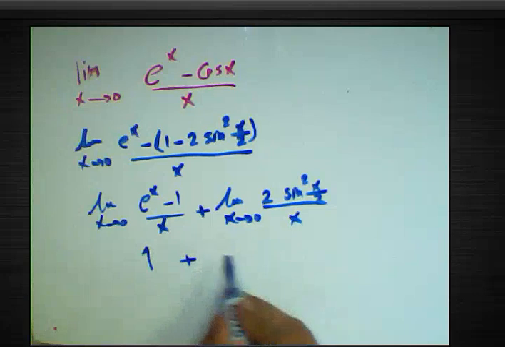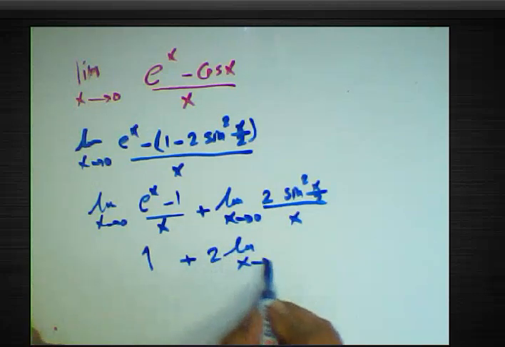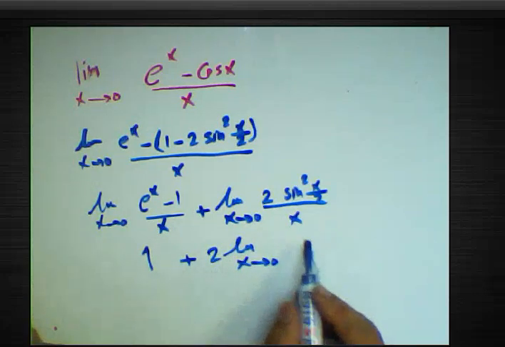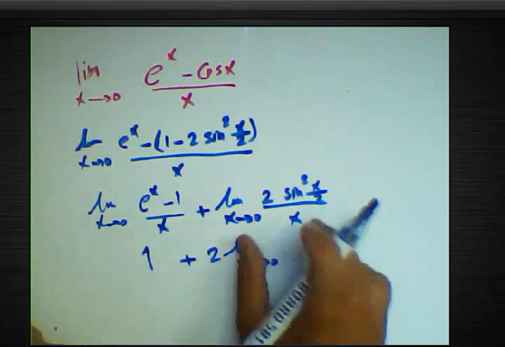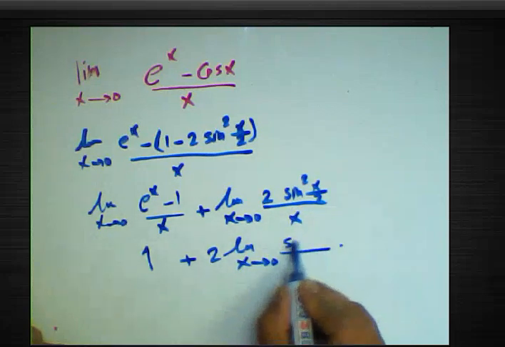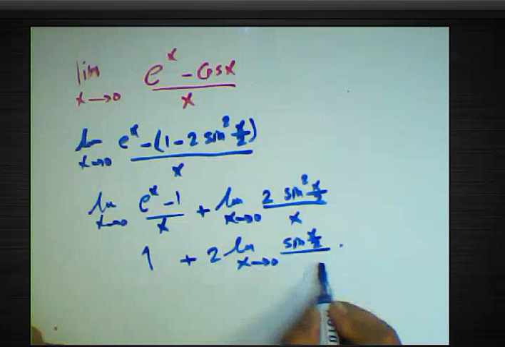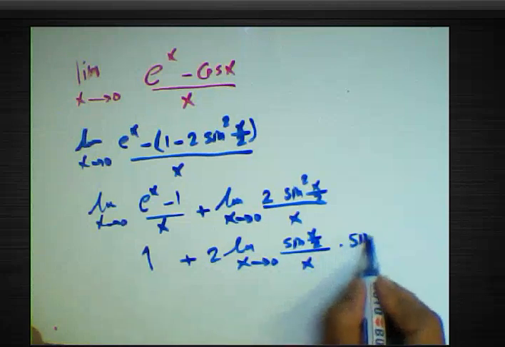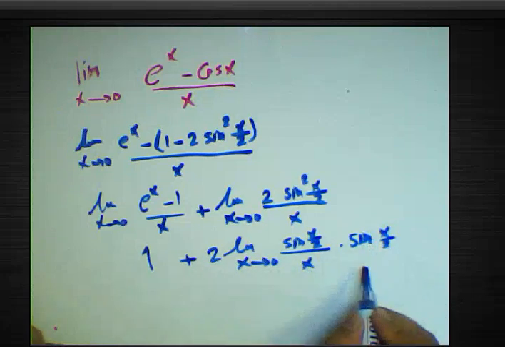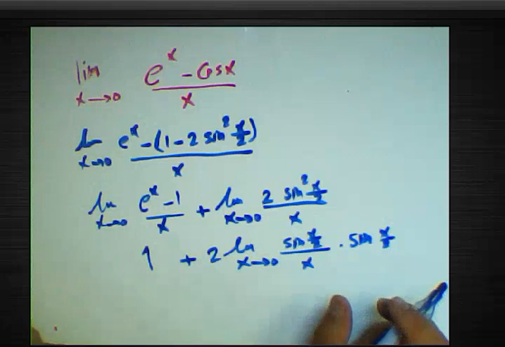And here, outside, write the limit when x approaches 0 of sin(x/2) over x, multiplied by sin(x/2).